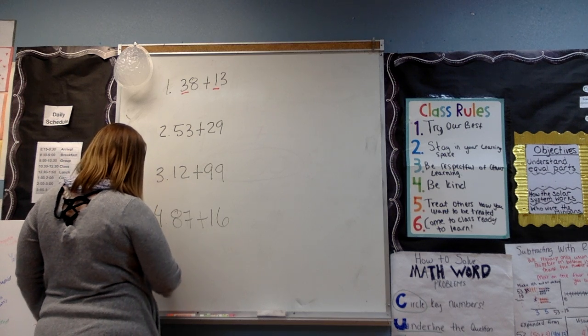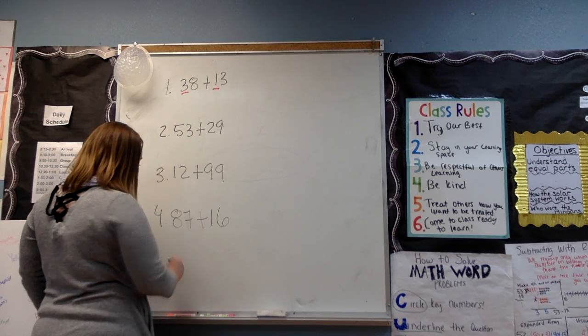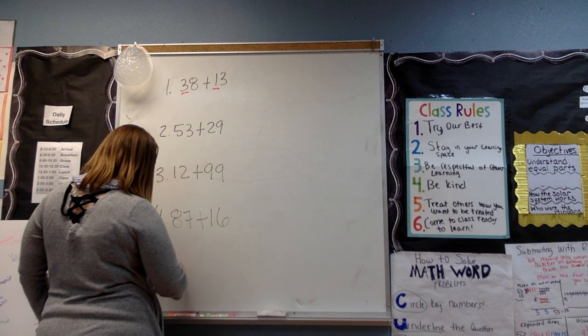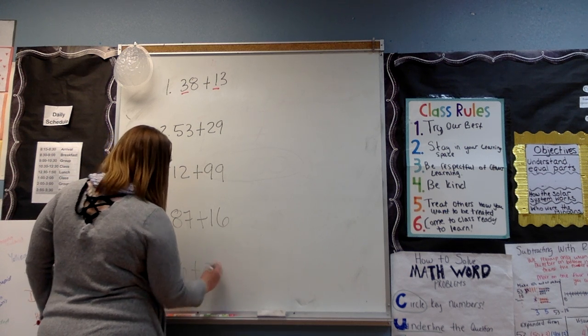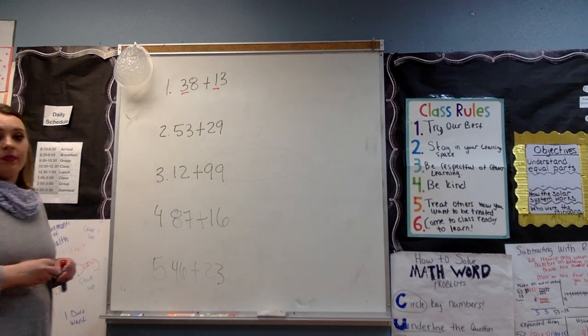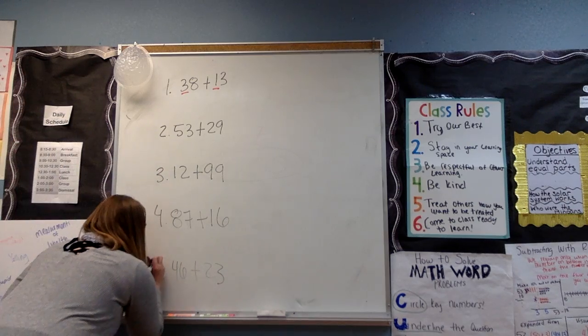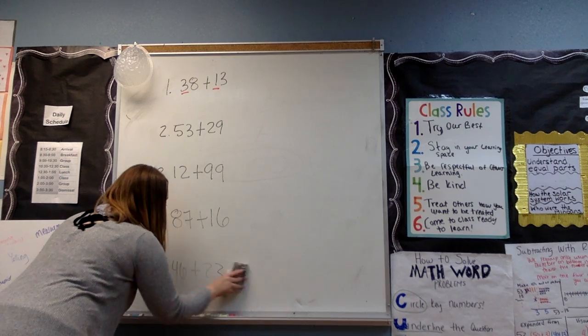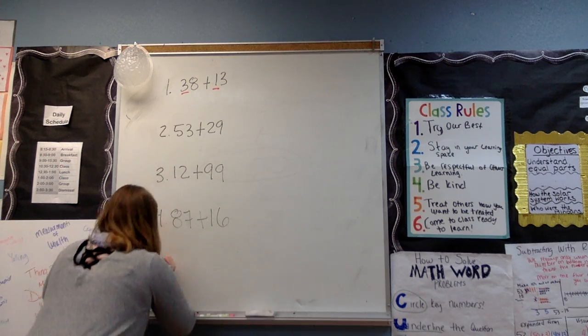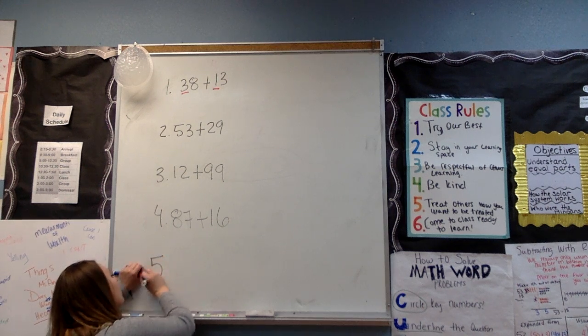And number 5 is going to be 46 plus 23. Rewrite this, 46 plus 23. This is a little light.